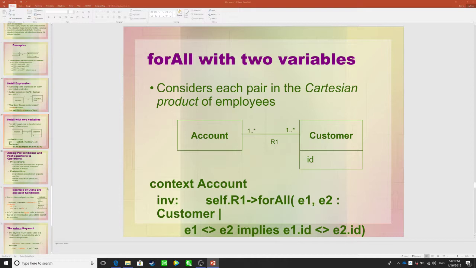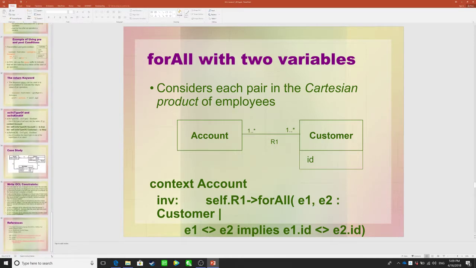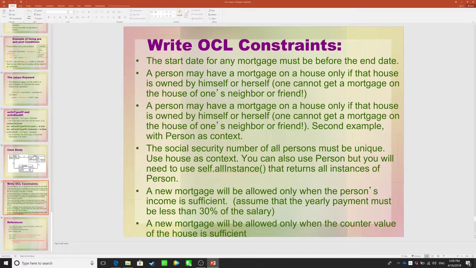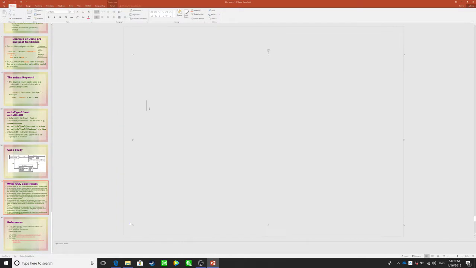Okay, let's skip to the end. Hopefully you still remember everything. So this is a case study we're doing. Alright, this one.